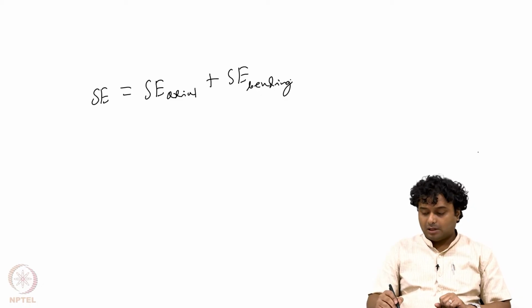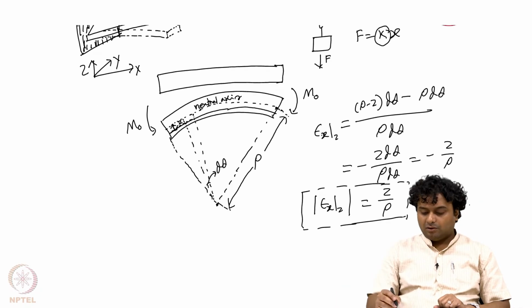Here I would like to point out one earlier case. When we calculated the cantilever transverse force deflection, you can see that it was the case of pure bending, so there is no axial deformation associated with it, with respect to the neutral axis.